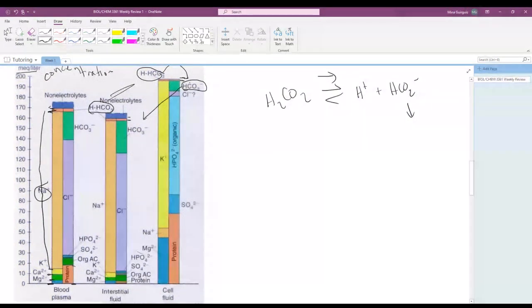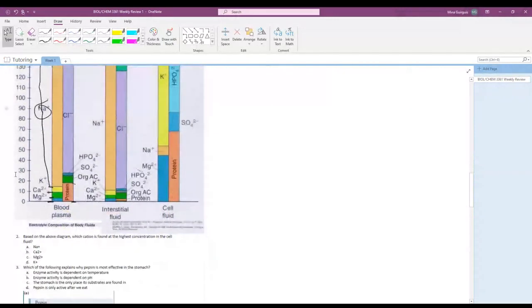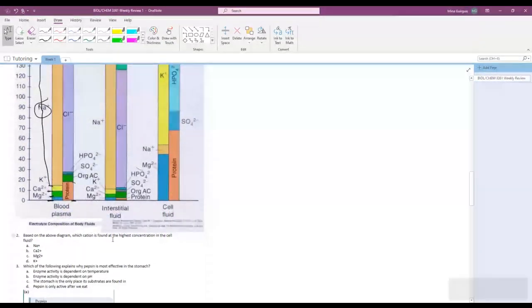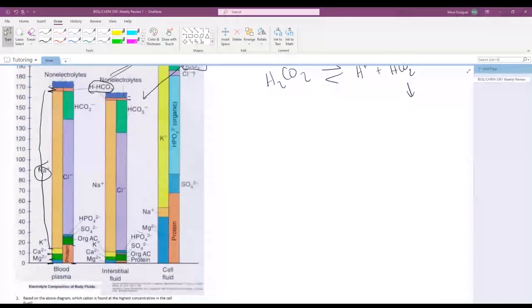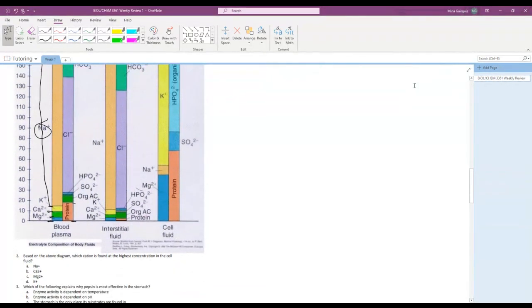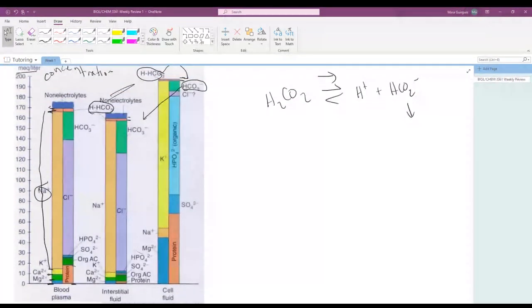All right, so I'm actually going to go ahead and scroll down, and I'm going to let you guys answer this question now. Based on the above diagram, which cation is found at the highest concentration in the cell fluid? Okay, and let me go ahead and make that poll so you guys can answer it. Our choices were sodium, calcium, magnesium, potassium.